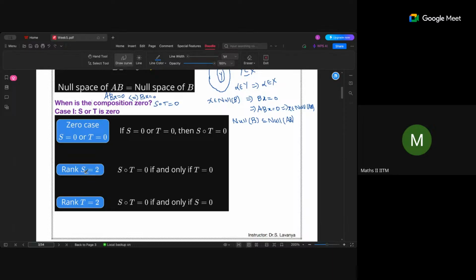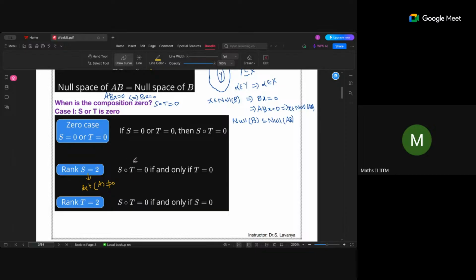So rank of S equal to 2 means that for the corresponding matrix A, the determinant of A is non-zero, right?